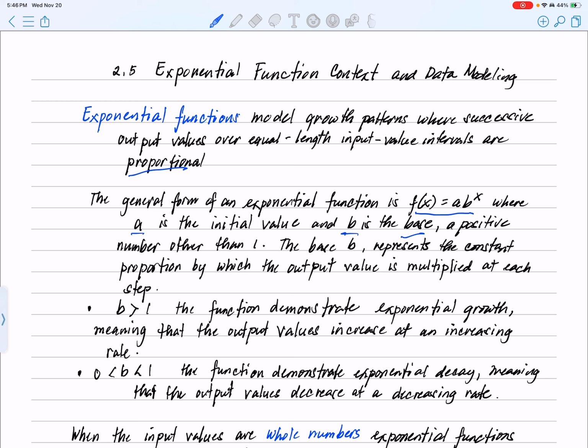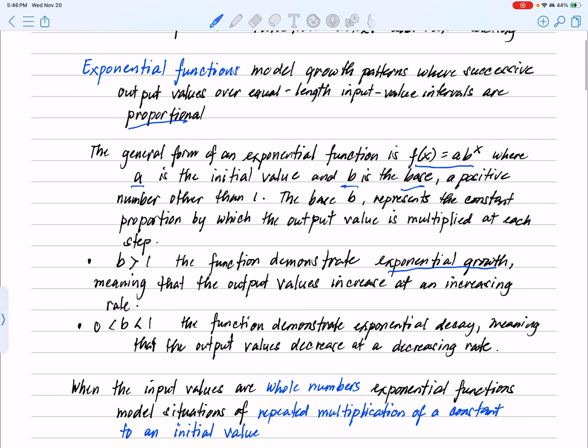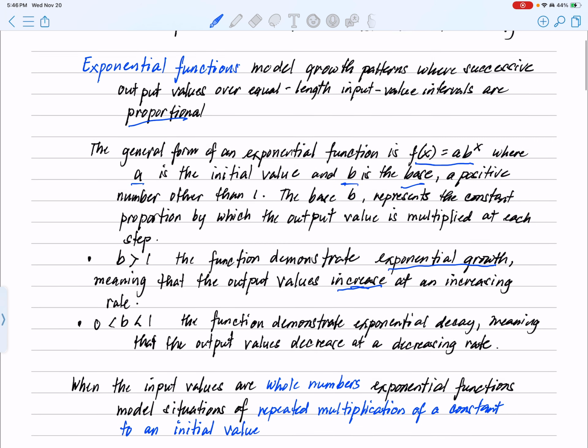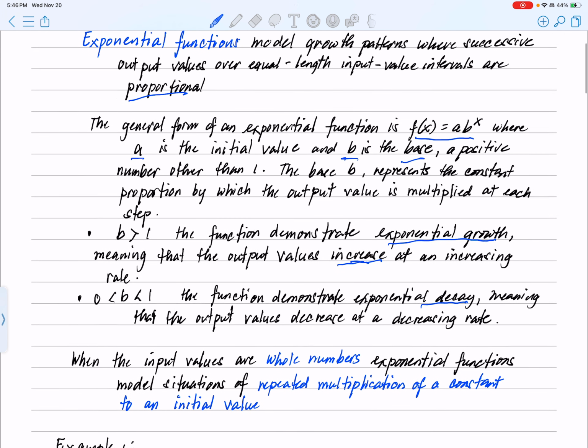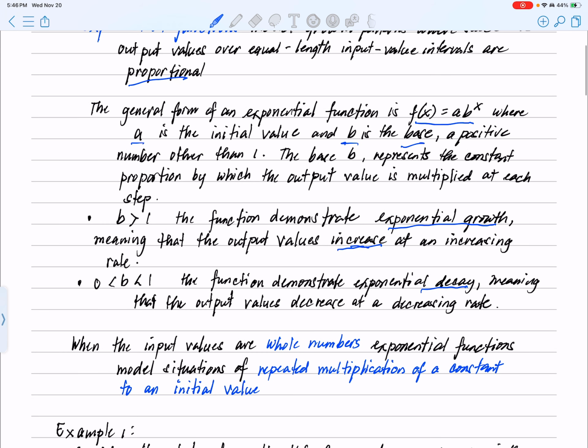When b is greater than 1, the function demonstrates exponential growth, meaning that the output values increase at an increasing rate. When b is between 0 and 1, that means b is less than 1, the function demonstrates exponential decay, meaning that the output values decrease at a decreasing rate.